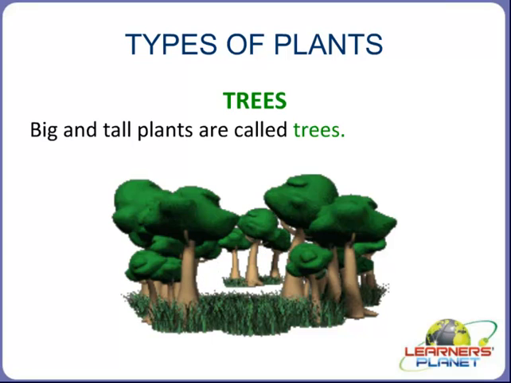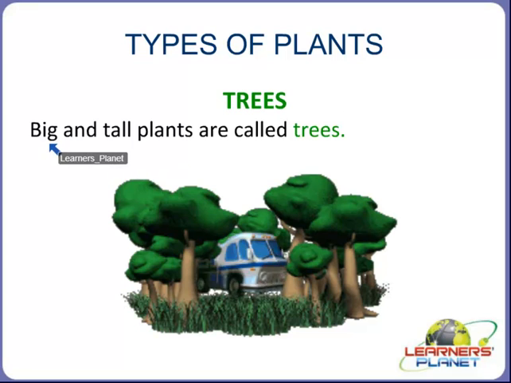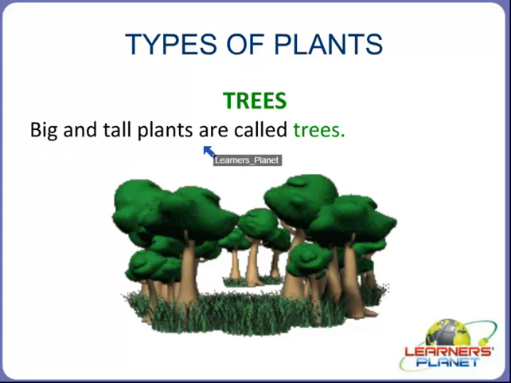So, we will now study about the different types of plants which are based on the size and the stem. So, the first type of plant here we will study are trees. The big and the tall plants are called as trees.